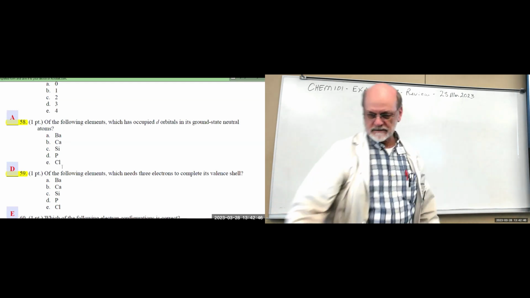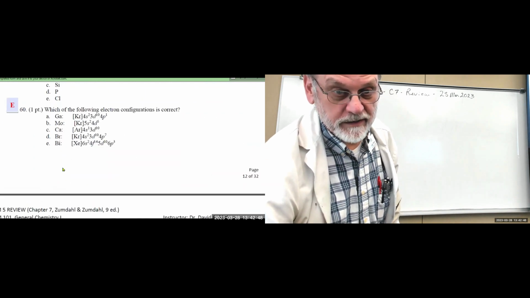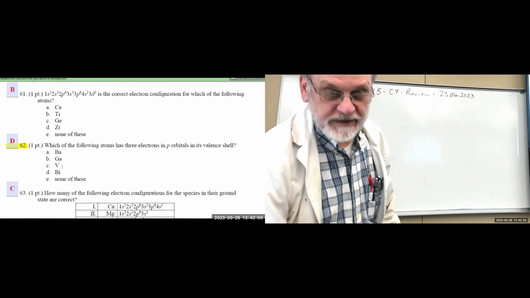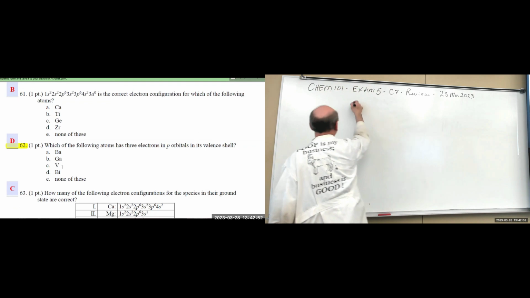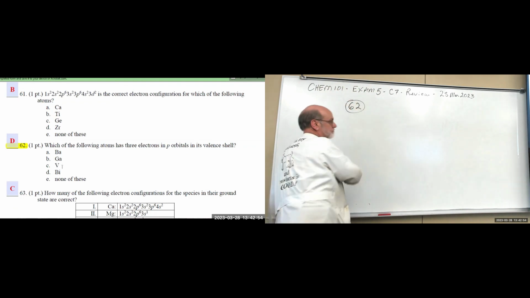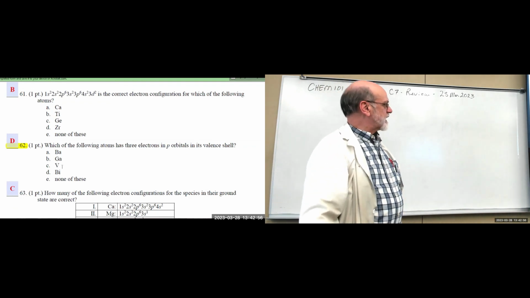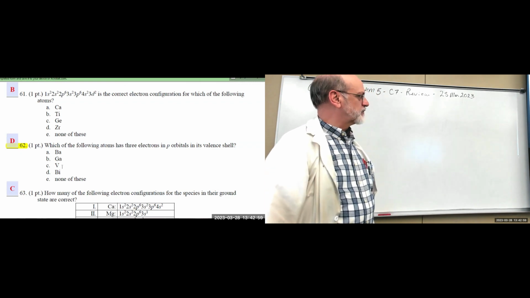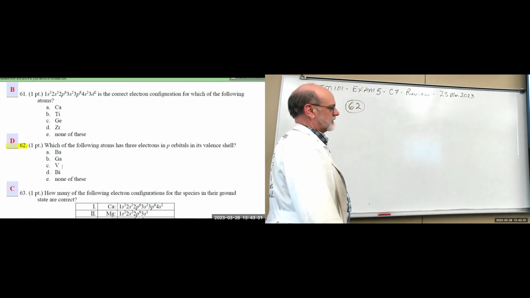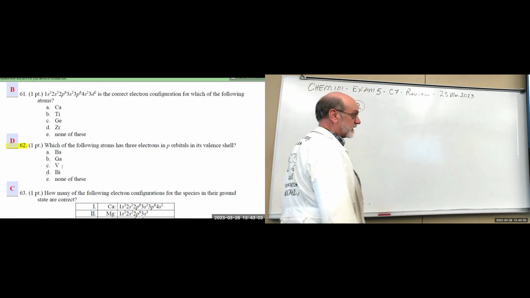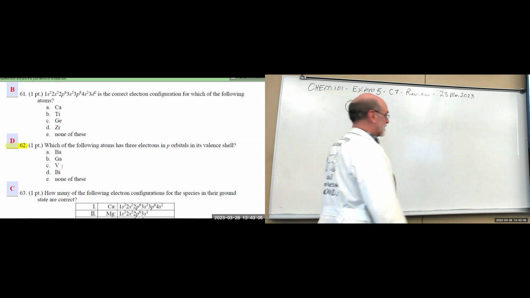All right. I'm gonna go right up to the wire. 62. Which of the following atoms has 3 electrons in p orbitals in its valence shell? 3 electrons in its valence in p orbitals. So that means we're over here. 3 electrons. 1, 2, 3.